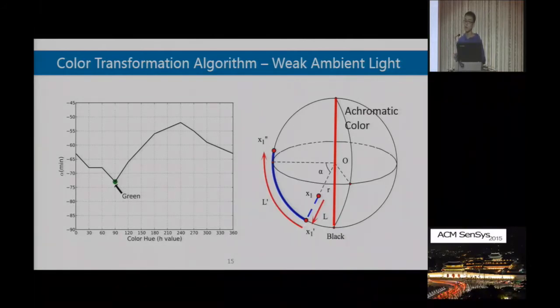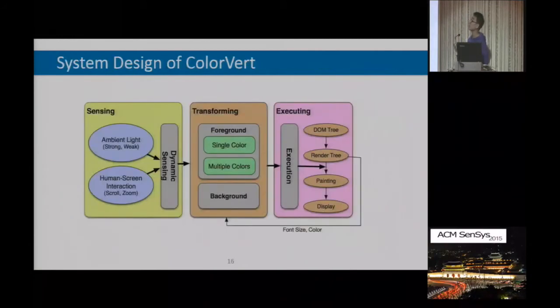We are ready to put it into practice. So we devised a system called ColorVert, and it has three parts. This is the workflow of this system. The first part is the sensing part. In this part, the sensor embedded in the smartphone will sense the lighting condition and gather the lighting information for the transforming part.